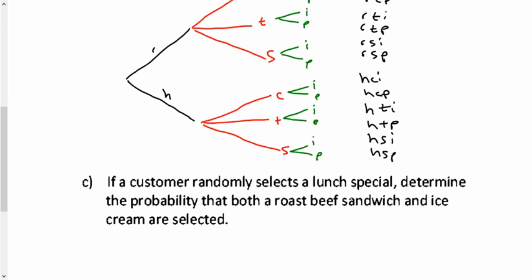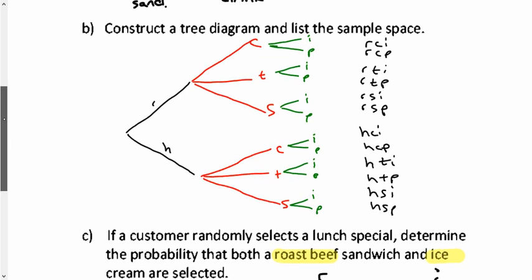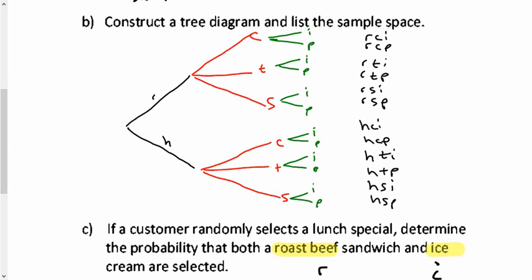If a customer selects a lunch special, determine the probability that both a roast beef sandwich and ice cream are chosen. So that means we are looking for ones that have both R and I in them. They've got to have both of them. So let's see.